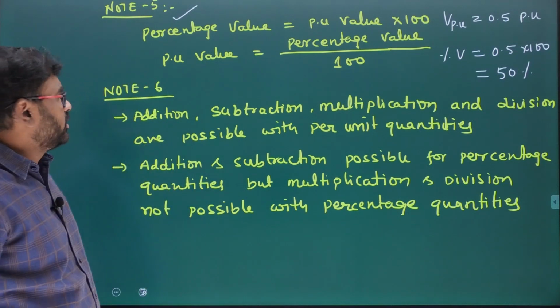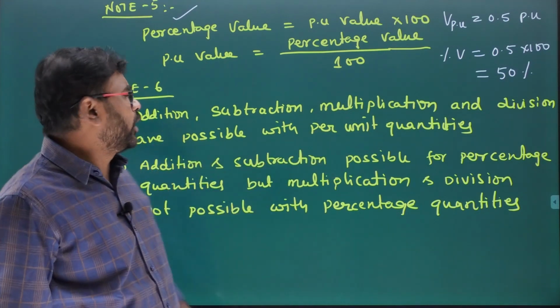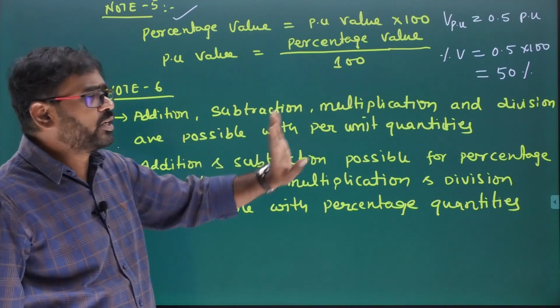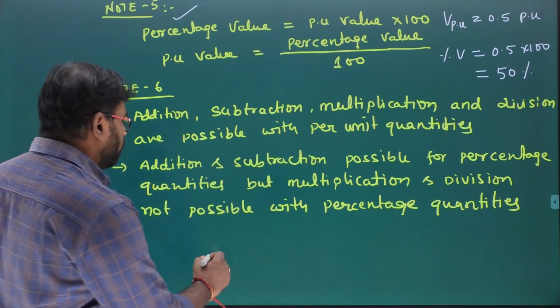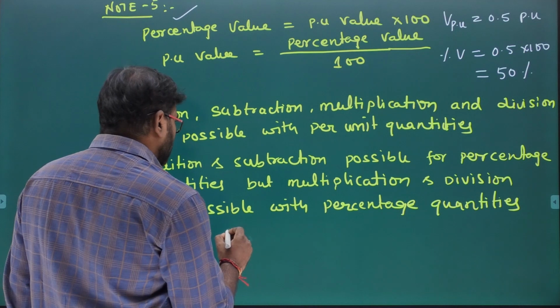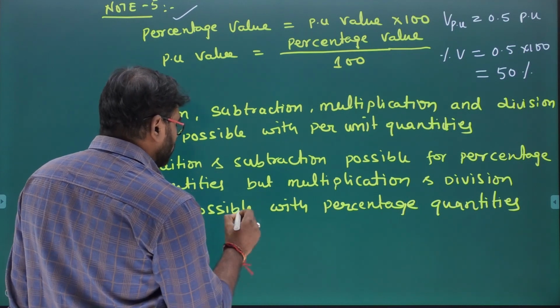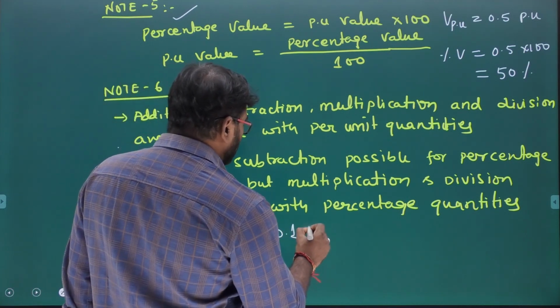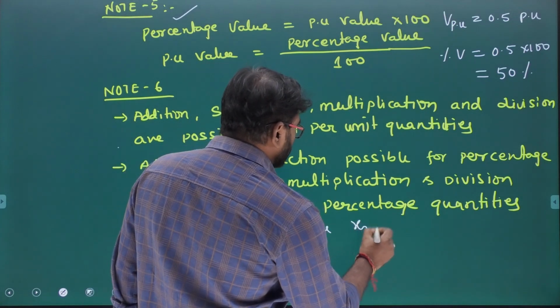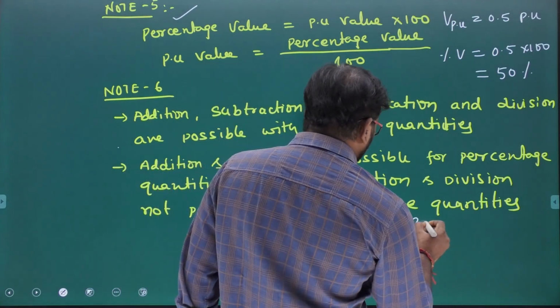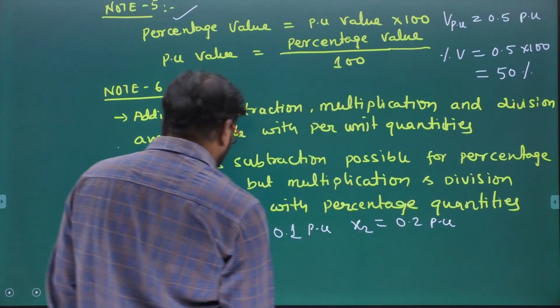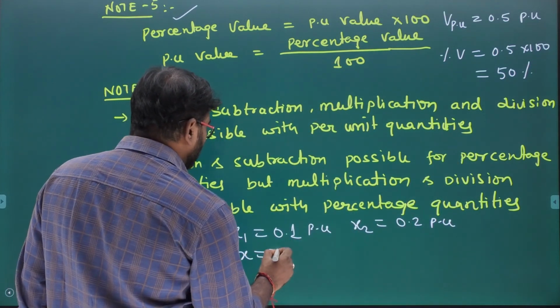The next important thing is that addition, subtraction, multiplication and division are possible with per unit quantities. That means if you have two per unit numbers, let's say x1 equal to 0.1 per unit, x2 equal to 0.2 per unit. Now I want to calculate x, that is x1 plus x2.